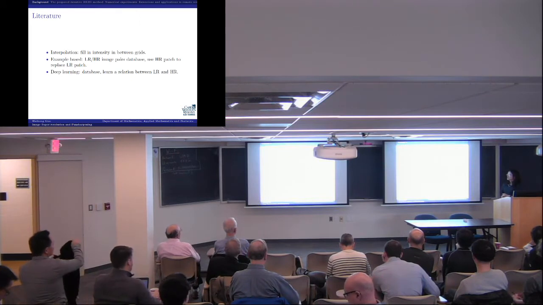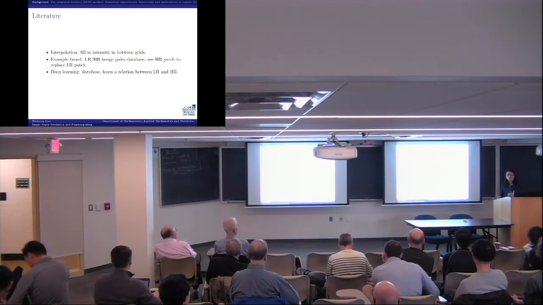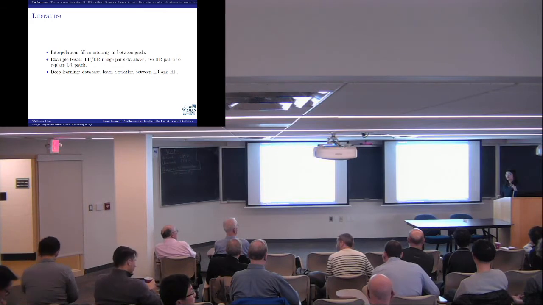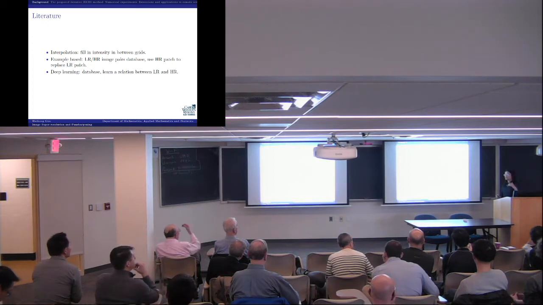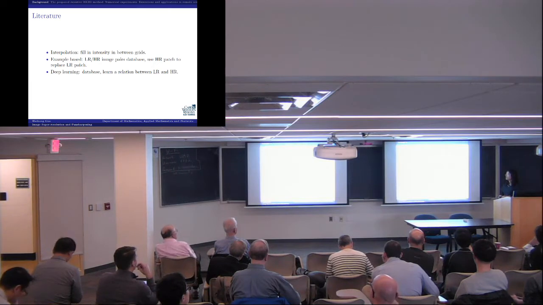So in the literature, some work has been done on this. A very straightforward approach would be to do interpolation. Interpolation can fill in intensity in between grids. But you have to do it in a very smart way, because interpolation usually is done in a local way, so it's hard to get global regularity. There are also some example-based methods, for example deep learning, which might fall into this category.